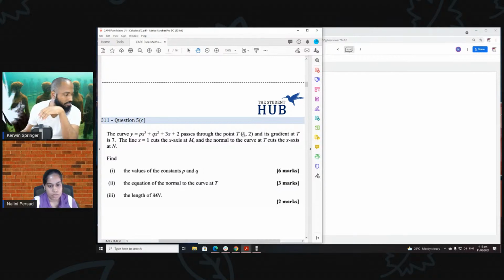So the normal and the tangent, they are perpendicular lines. And what is special about perpendicular lines is that the product of the gradients, when you multiply them, you get -1.